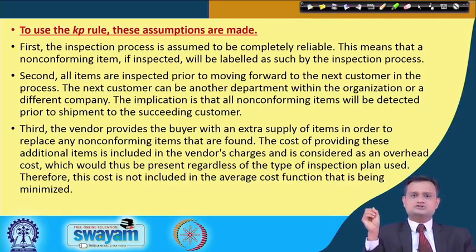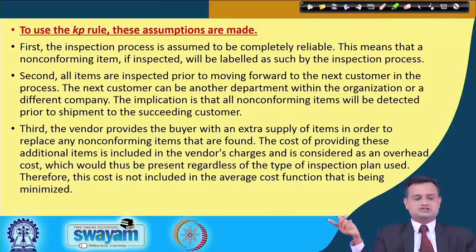Number one, the inspection process is assumed to be completely reliable. This means that if the component is non-conforming, the inspection process will definitely detect it. Number two, all the items are inspected prior to moving forward to the next customer in the process, and your next customer may be the next operation in the unit, or it may be the final customer.